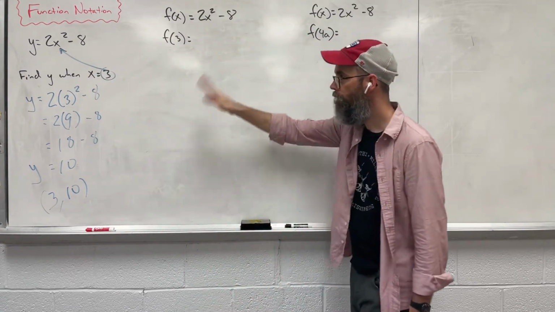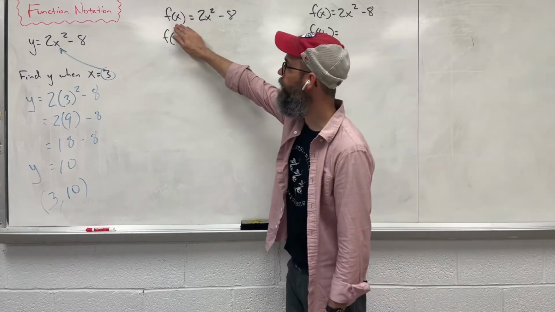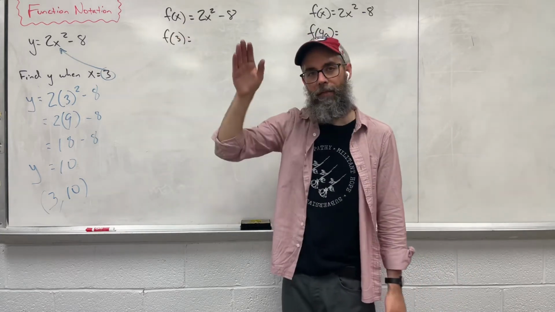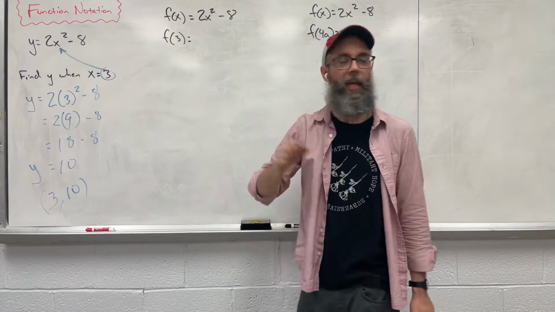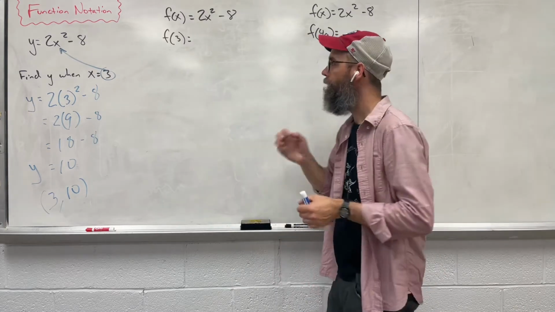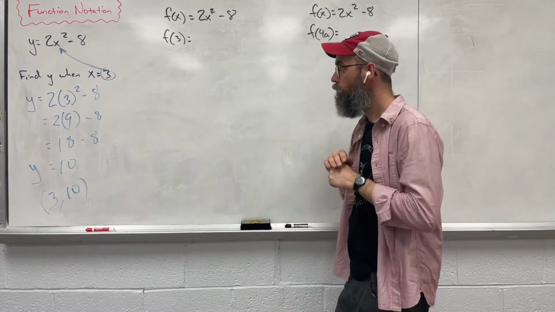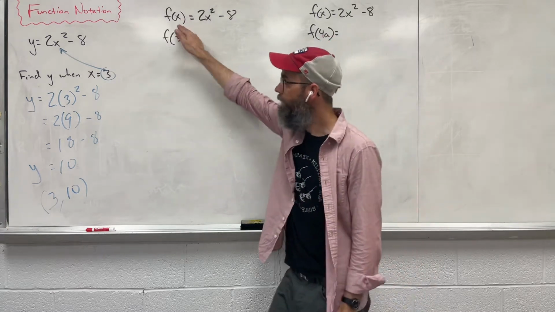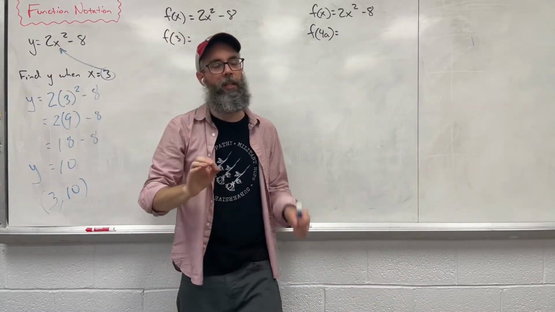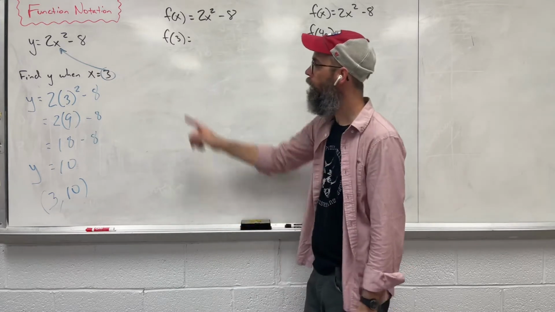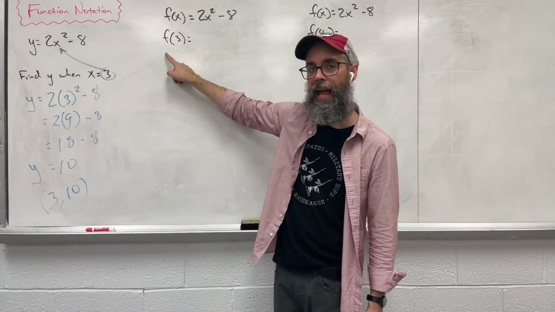Okay, function notation. Function notation is this thing. We read that as f of x. So f of x and y are essentially the same thing. Now, this thing right here is read f of 3.